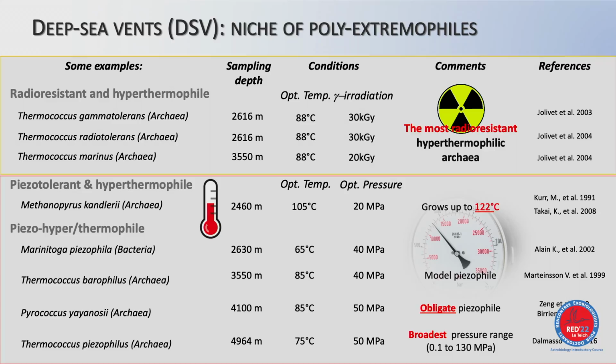Pyrococcus yayanosii, I was talking about earlier, is an obligate piezophile, and recently the strain Thermococcus piezophilus has the broadest pressure range, so it can grow from ambient pressure to 130 MPa. And you see that as we go deeper, microbes really need high pressure to grow. So it's really important to know how they do that and to maintain that high pressure to study them, for example.